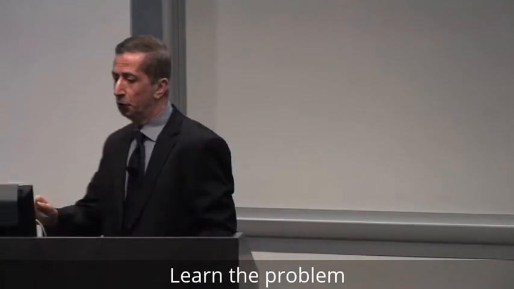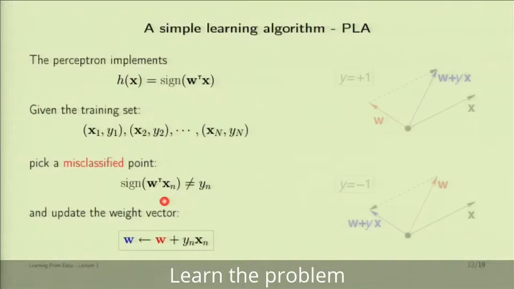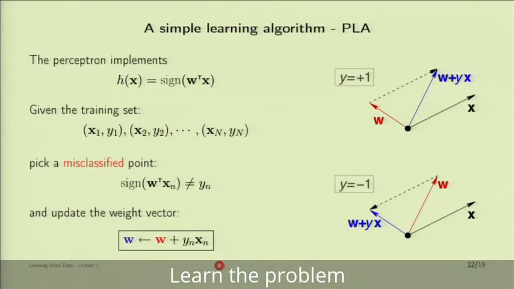Okay, so if you look here at this formula, it takes the old W and adds something that depends on the misclassified point, both in terms of the xn and yn. Well, yn is just plus or minus 1. So here you are either adding a vector or subtracting a vector. And we will see from this diagram that you are always doing so in such a way that you make the point more likely to be correctly classified.